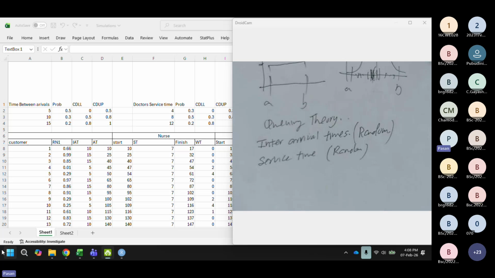We can apply this simulation concept in different areas, and I'll show you several other areas later. This is one area we can apply it to, and in general simulations can be applied in many areas. It's a very useful technique, and even if you are doing research, you can apply it.